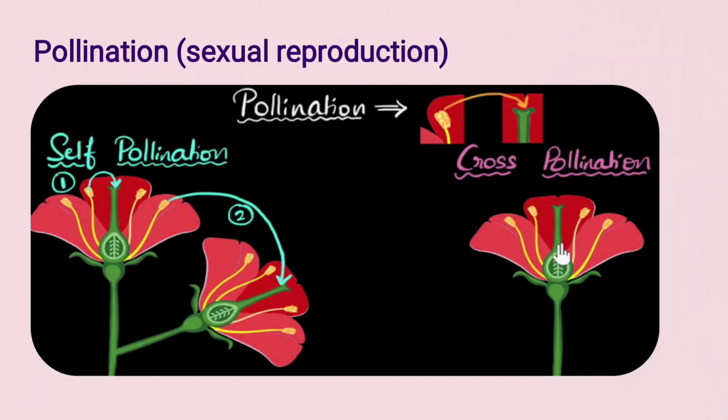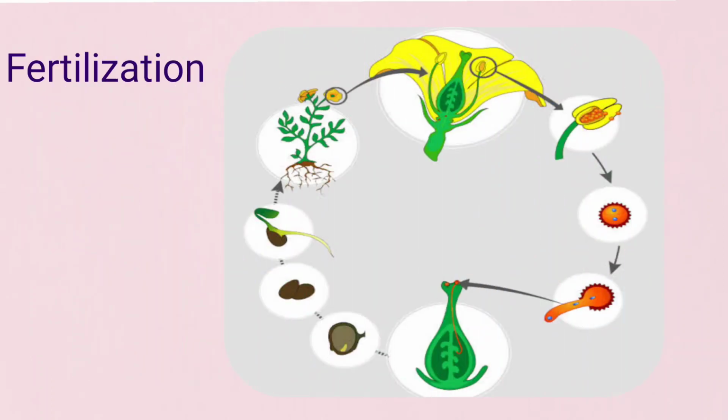Now let us see the fertilization process. This picture tells everything of a flower's reproduction by the sexual method. So the flower has pollen grains at the tip of the stamen, that is on the anther, and those pollen grains are male gametes.